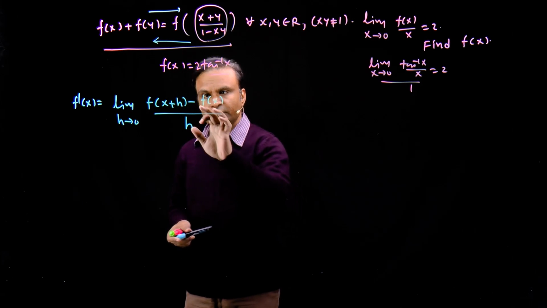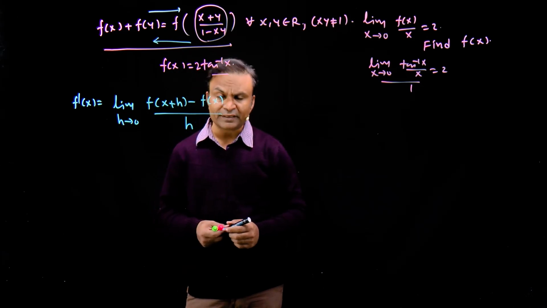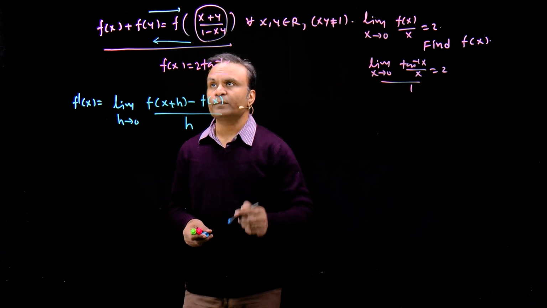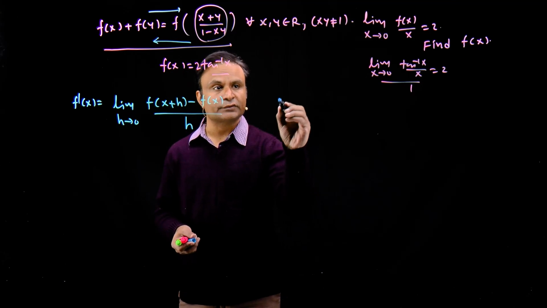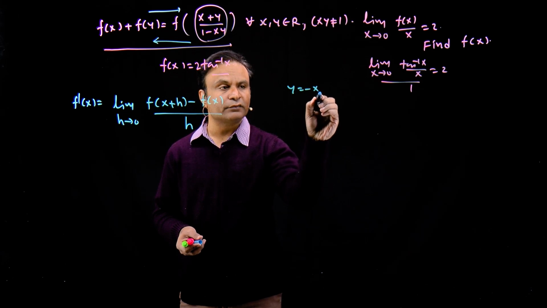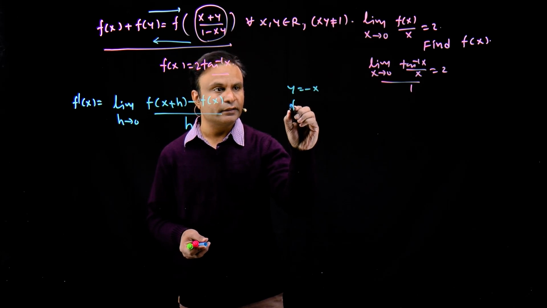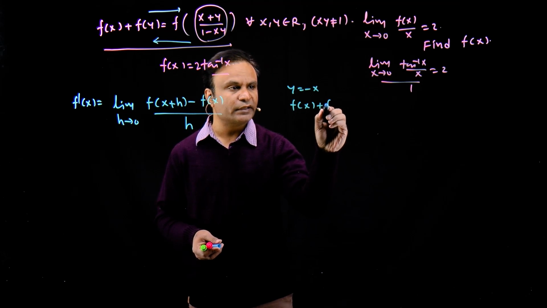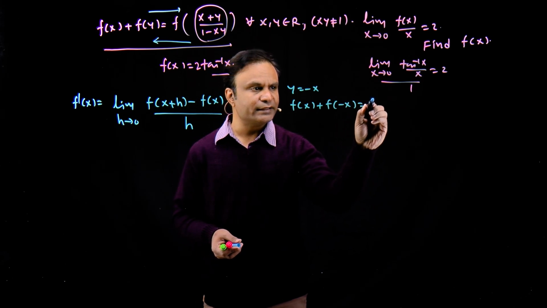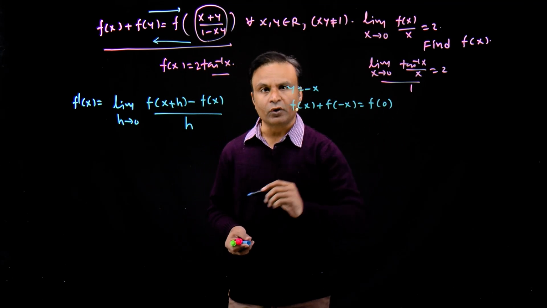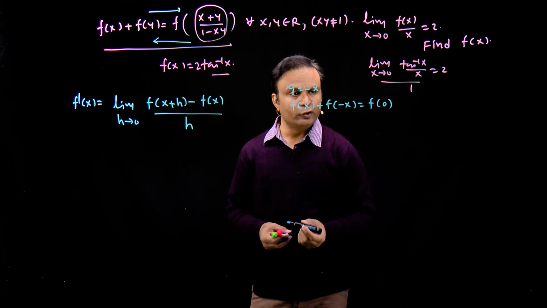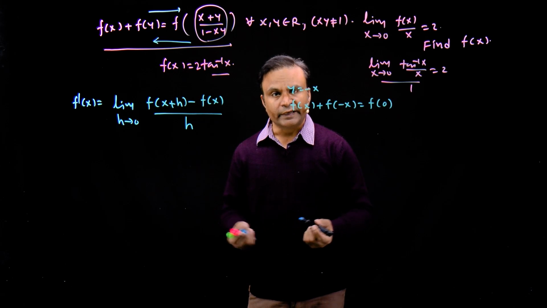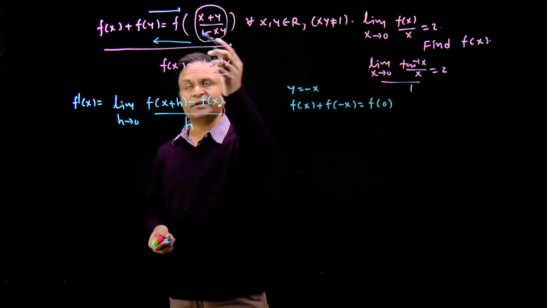So now to create a plus sign here, in this I will put y is equal to minus x. By putting y is equal to minus x, I get f(x) plus f(minus x) is equal to f(0). Now what is the value of f(0)? Again for this ask the mother equation.